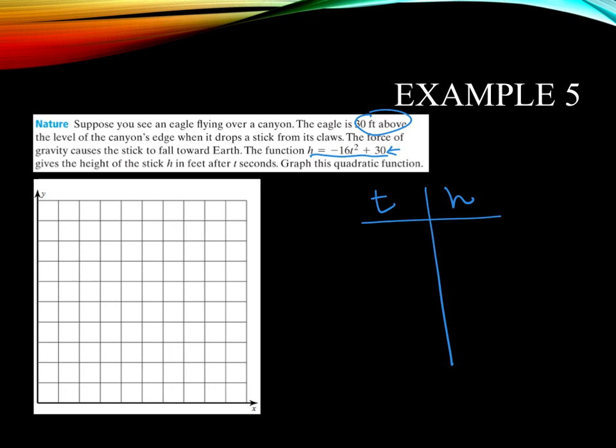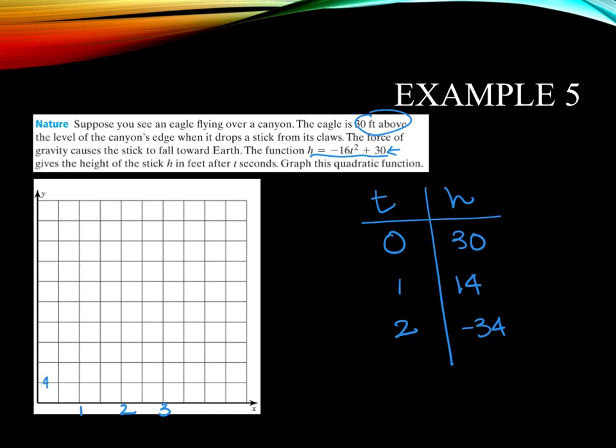It does not make sense to have a negative time, so I'm just going to start right out with 0, and I'm going to go 0, 1, and 2. If I plug in a 0, I end up with 30. If I plug in a 1, I have 14, and if I end up plugging in a 2, I get a negative 34. So again, I'm just going to come over here and do the same thing.